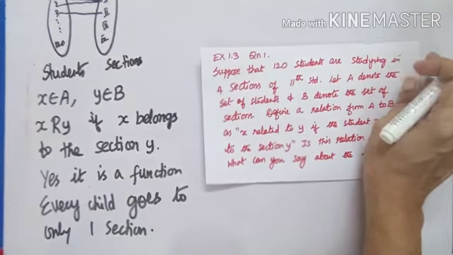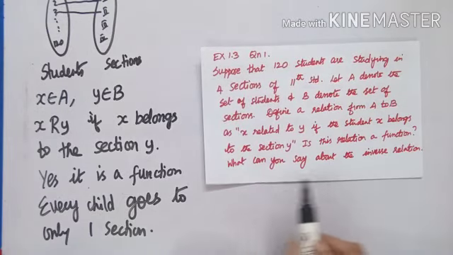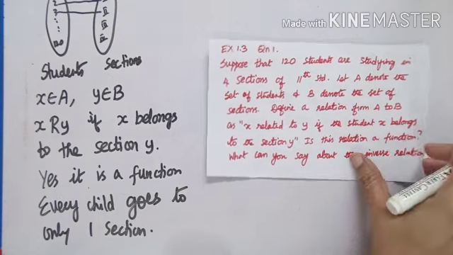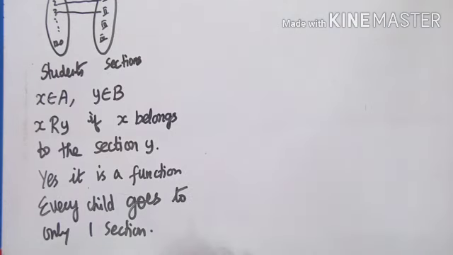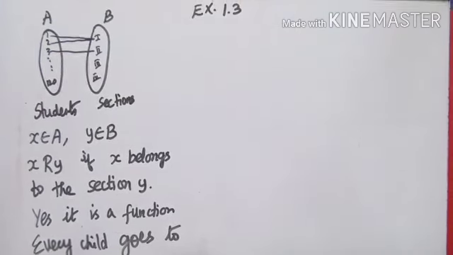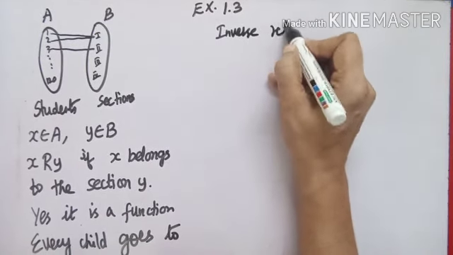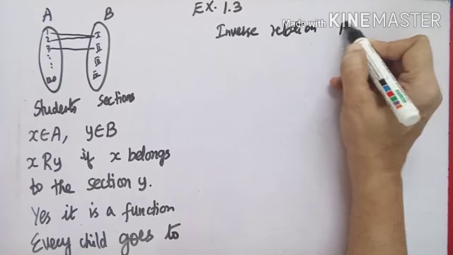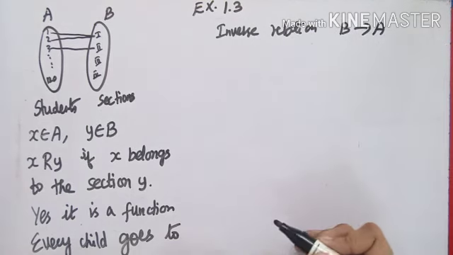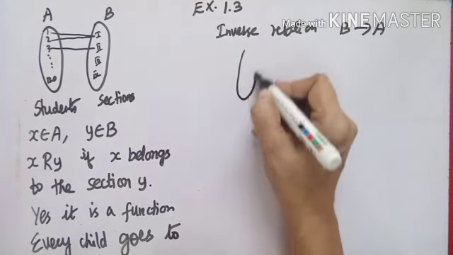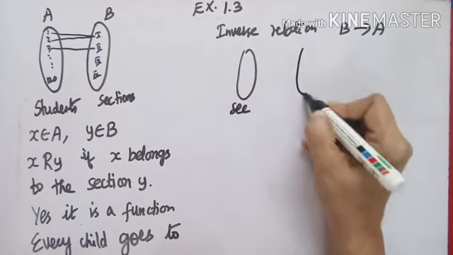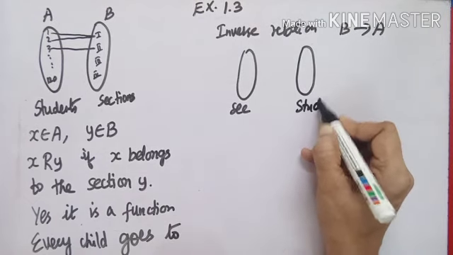Now, what is the second question? What can you say about the inverse relation? What do you mean by the word inverse relation? Now, the inverse relation is from B to A. So B will be sections and this will be students now.